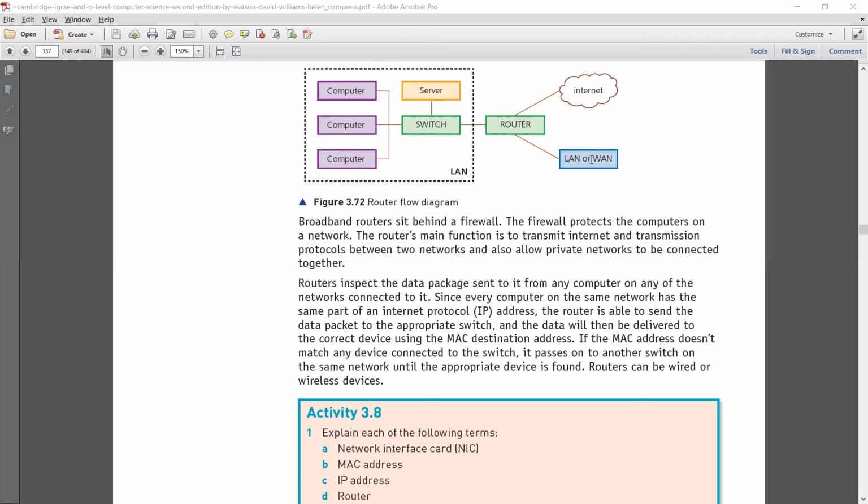And you can see broadband routers are behind the firewall. And by the way, you all know that the firewall is there to actually protect the network from any sort of unnecessary, uninvited IP addresses also. And it is just there as the security guard.